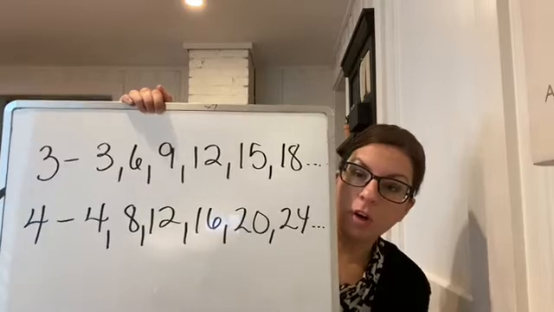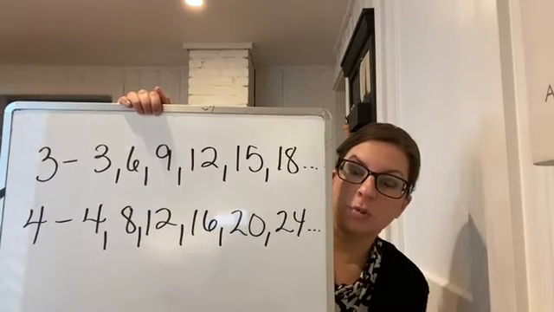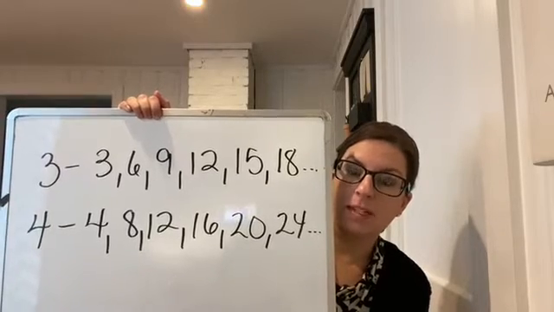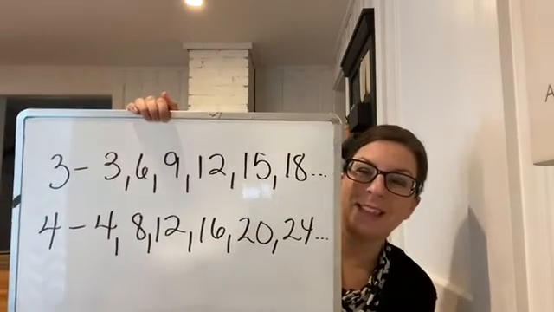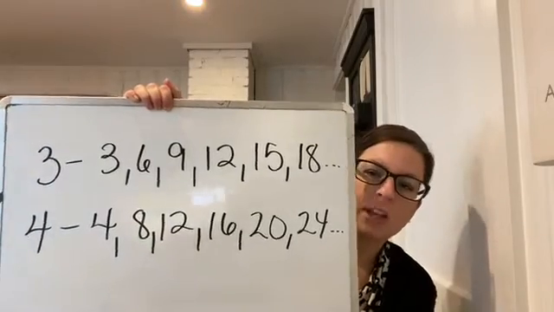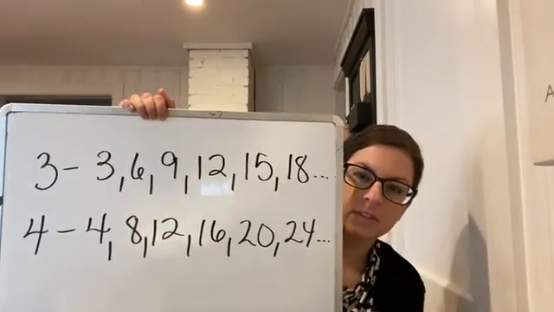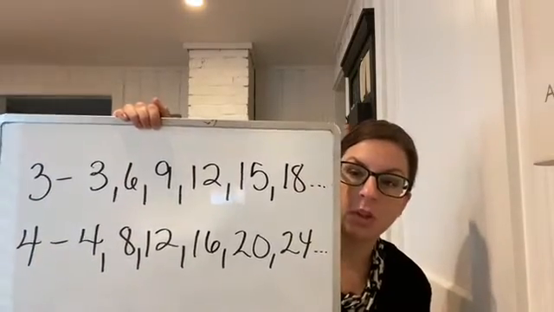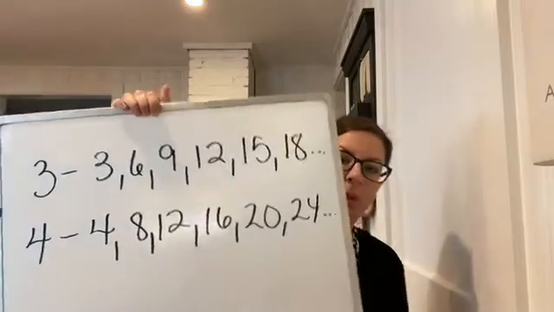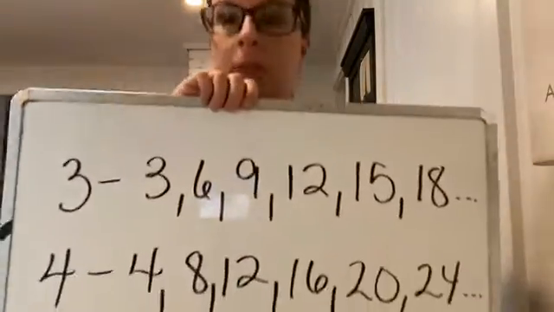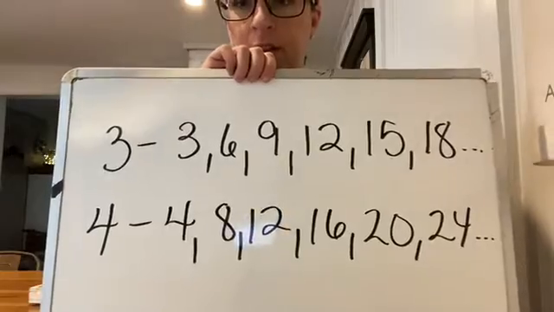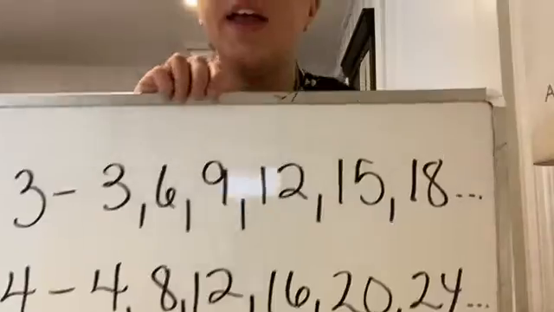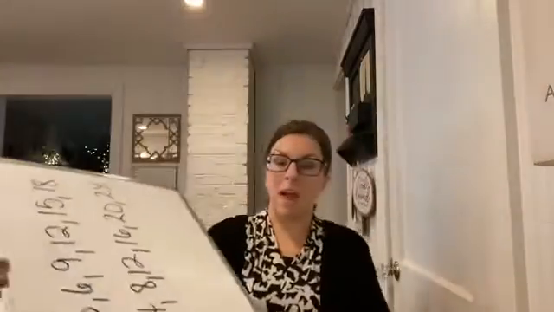Okay, so in order to add or subtract fractions, you have to find out what the common denominator is going to be, and you want to find the least common denominator. So what is the least, the smallest multiple that 3 and 4 have in common? Well, let's look. We have 3, 6, 9, 12, and 4, 8, 12. I see 12.